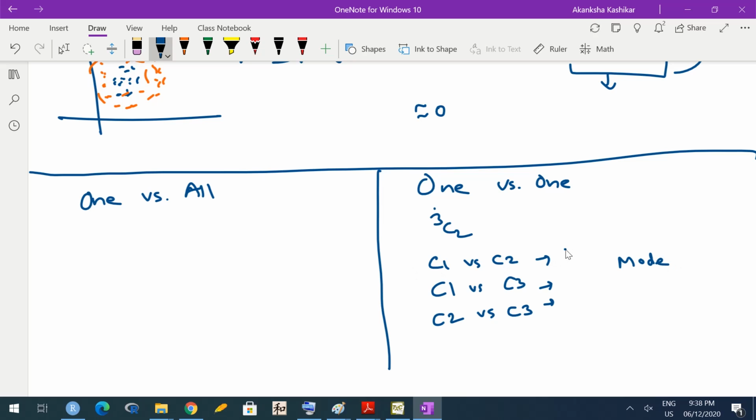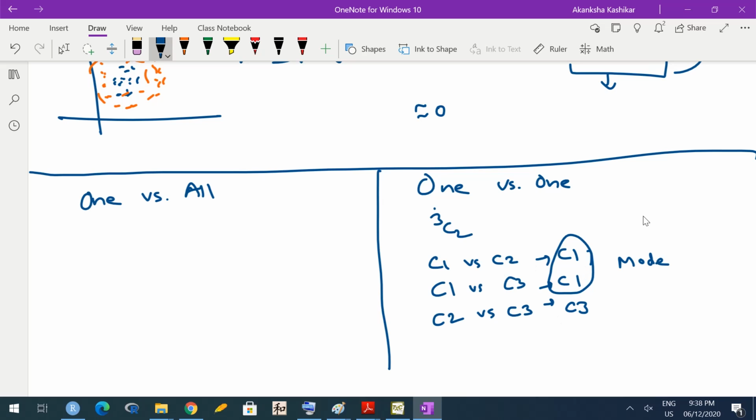So suppose here it ends up in C1, here it ends up in C1, here it ends up in C3. Then I say that twice it is going to C1, so let me put it in class C1. This is the 1 versus 1 approach, where we take all possible pairs between classes, do classification, record where the observation is landing, and then finally take the mode over all such classes.